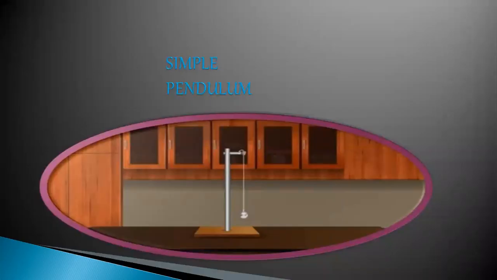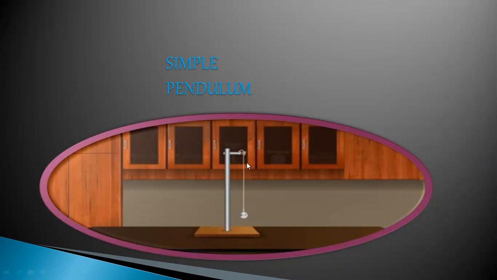So next one, we will study about simple pendulum. Here, a heavy point mass is suspended by a weightless, inextensible and perfectly flexible string from a rigid support. Then this arrangement is called simple pendulum. You can see here, this is an inextensible string and it is perfectly flexible.